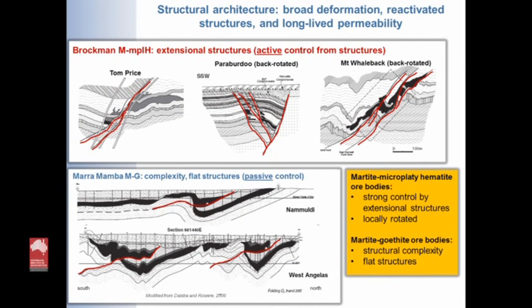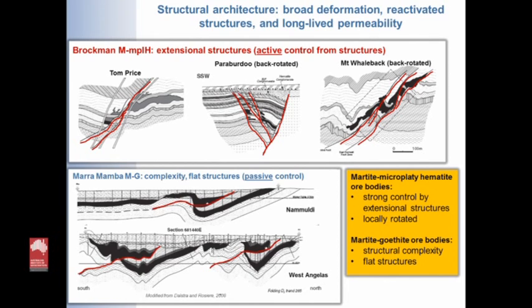So the second important criterion with the structure is that we need to move fluids, and a lot of fluids, through BIF. So here are some examples in the Brockman Formation in the Hamersley province from Mount Tom Price, Paraburdoo and Mount Whaleback. In these two cases here, the deposit stratigraphy has actually been back-rotated to the geometry at the time of mineralisation.